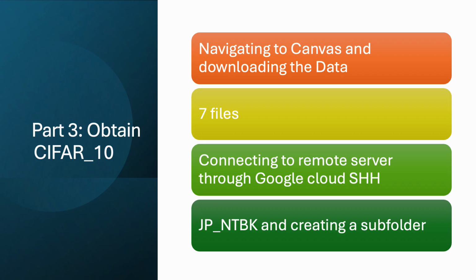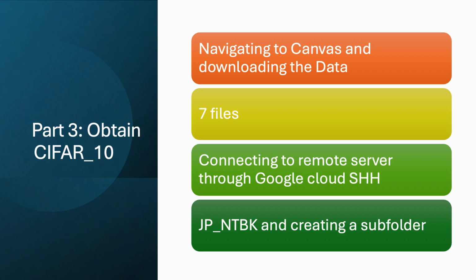Part 3, obtaining the dataset for CIFAR 10. I began by navigating to Canvas and downloading the CIFAR 10 dataset. With the dataset, there are 7 files that needed to be individually downloaded. Once I had them all downloaded and saved on my home folder on my computer, I was ready to upload them.